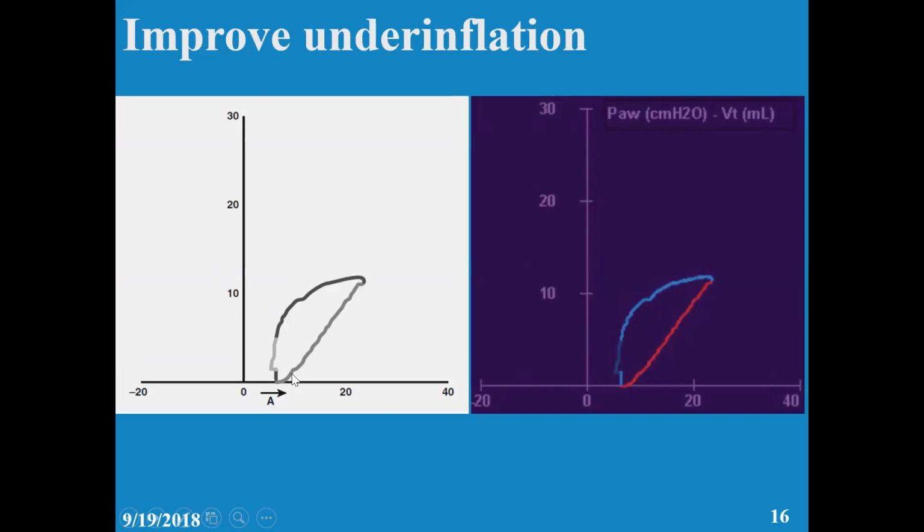The inflation line is close to the C dynamic, so we have a very small distance between the C dynamic and the inflection line. So we have an inspiratory problem, but we have good inflation and good deflection, because our inflation is improving. Questions?